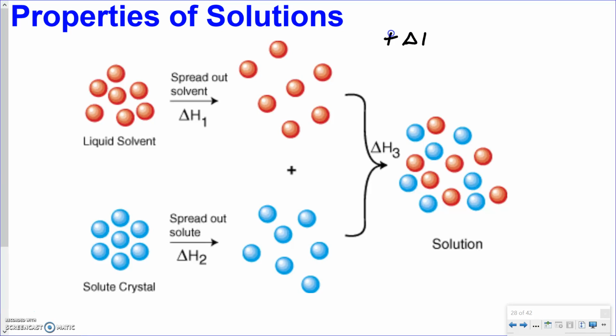Okay, so those will always be a positive delta H. Endothermic is always positive. Exothermic means it releases energy, which means the system loses energy. Therefore, exothermic will be a negative delta H. Okay, so step 1 will be positive, step 2 will be positive, step 3 will be negative. And again, that's because endothermic, endothermic, exothermic.